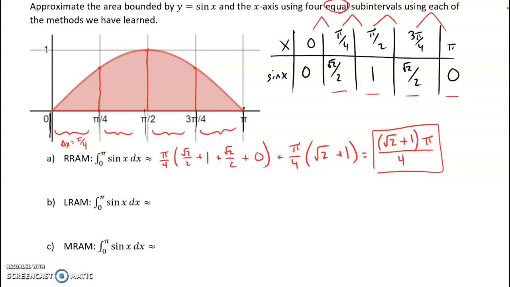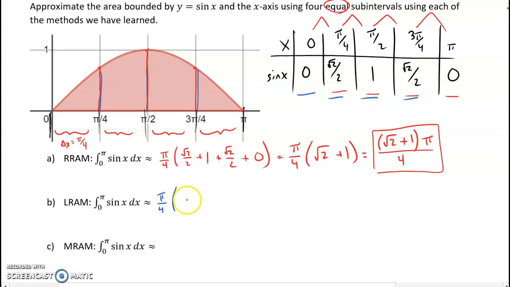Now, if we try to do the same thing with LRAM, the width is the same. Delta x is still pi over 4. But we're not going to use the right endpoints. We're going to use the left endpoints. So we're going to start with 0. Then we're going to use pi over 4, pi over 2, and 3 pi over 4, but we're not going to use that last bit. So we're going to use this, this, this, and this y value.